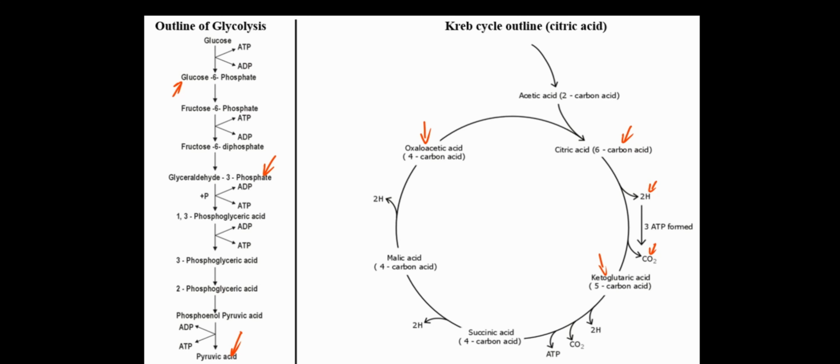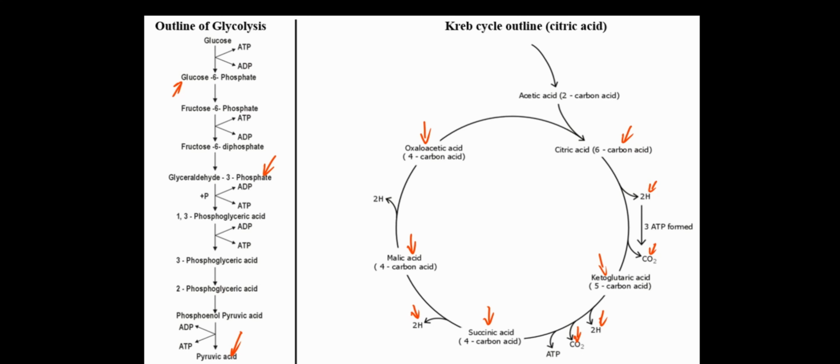Another molecule of carbon dioxide and 2 atoms of hydrogen are further removed from the ketoglutaric acid to form a 4-carbon acid, which is known as succinic acid. 2 atoms of hydrogen are removed from succinic acid to form a 4-carbon acid known as malic acid.